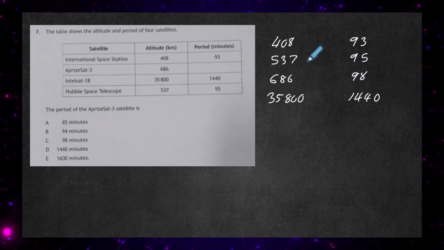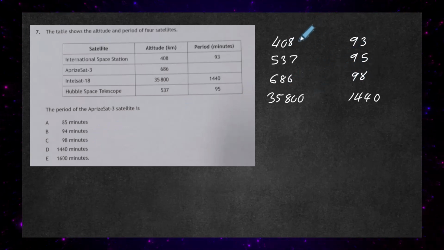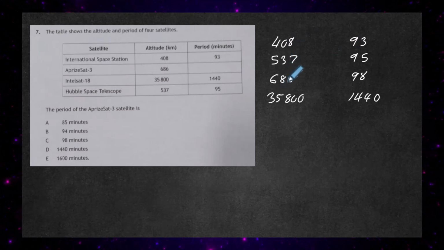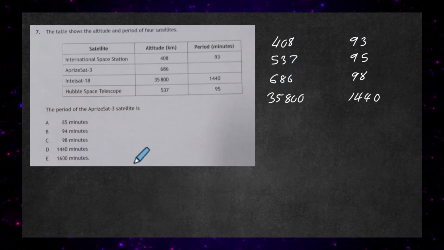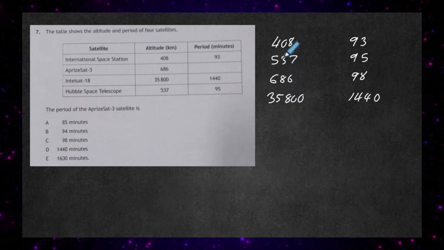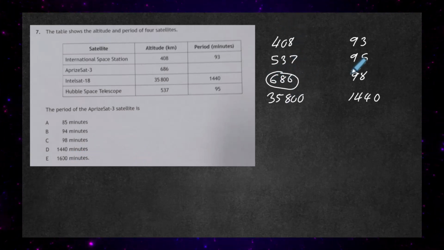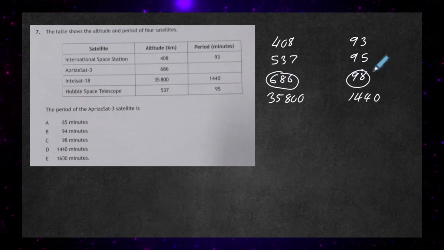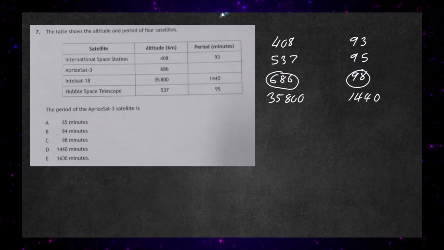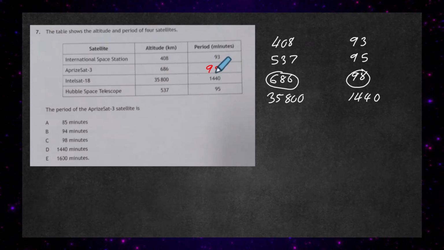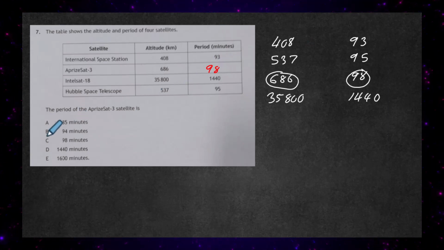You can see the pattern is roughly in concordance with the altitude. It's not going to be 144 minutes, and it's definitely not going to be 1630 minutes. So just by doing the table in order, I can see that the 686 kilometre one is going to give us a period of 98 minutes. So the answer is 98 minutes, and that gives us answer C.